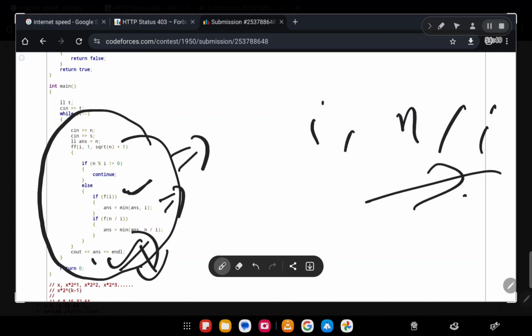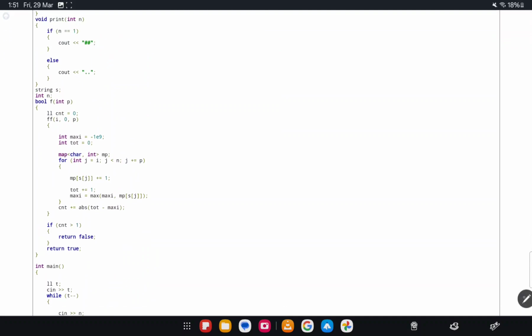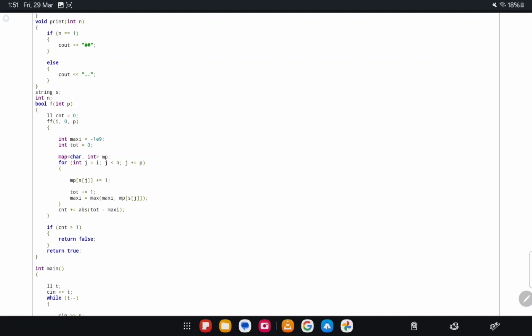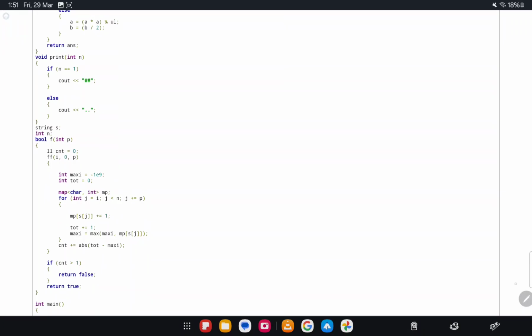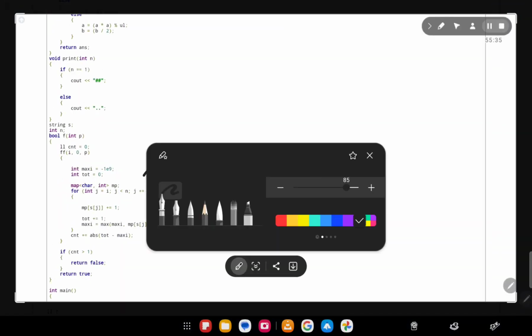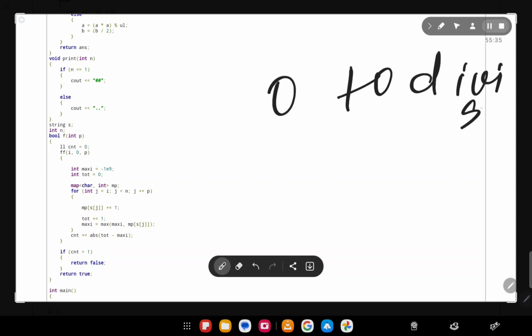So what were those functions I was using? I was talking about these functions only. I was computing from 0 up to the divisors, asking if a string of this much length is possible or not, and then I put it into the map.